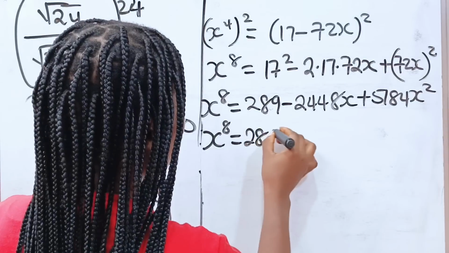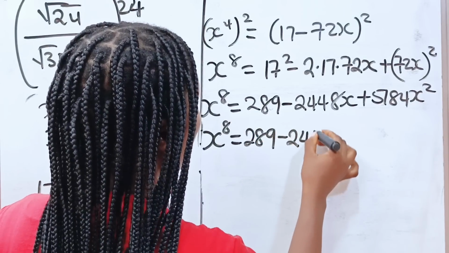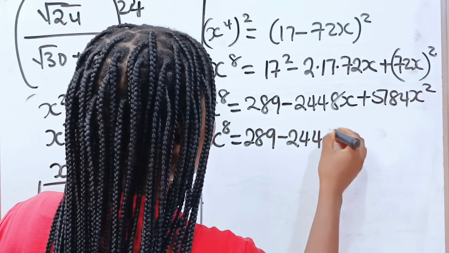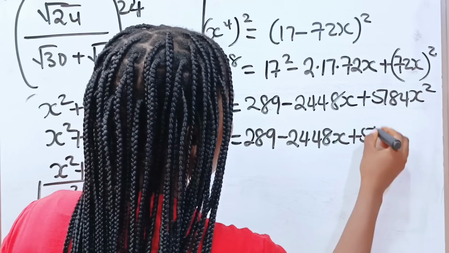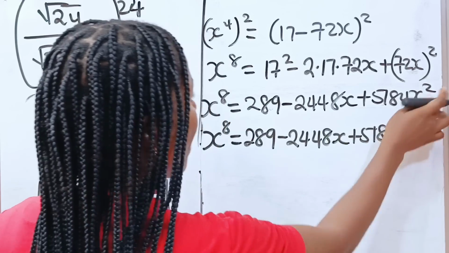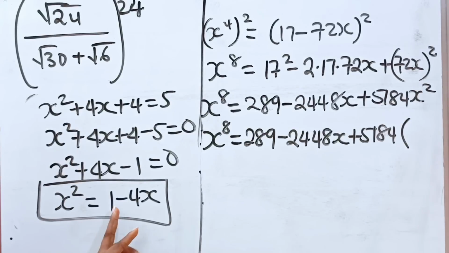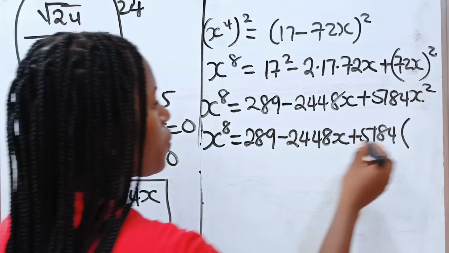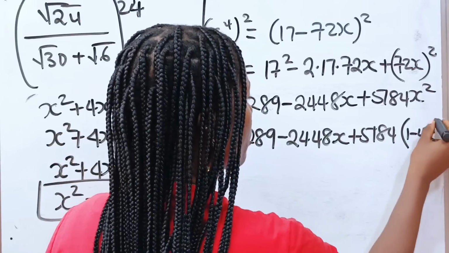so what we have here is 289 minus 2448, right, x plus 5184 bracket. Remember our x squared, the value of our x squared is 1 minus 4x, so we substitute 1 minus 4x.